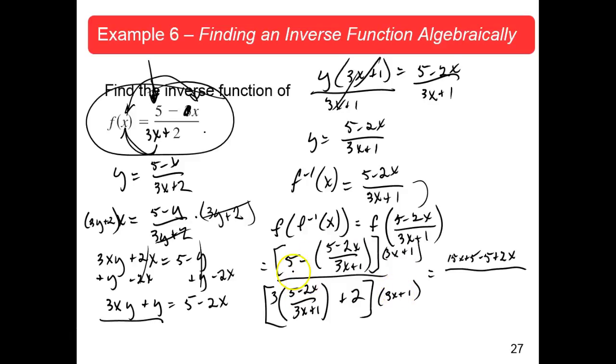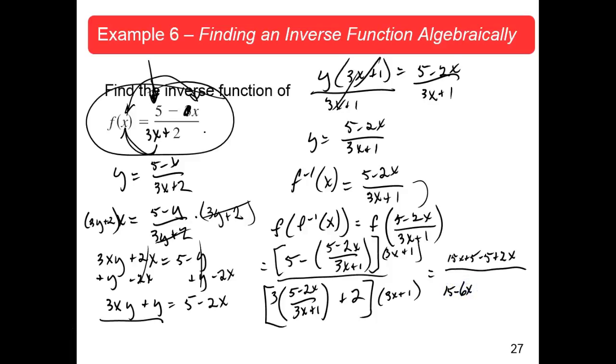When you distribute that on the first term, what happens? The denominator disappears, and all you have is 3 times this, right? So what would that be? 15 minus 6x, okay?